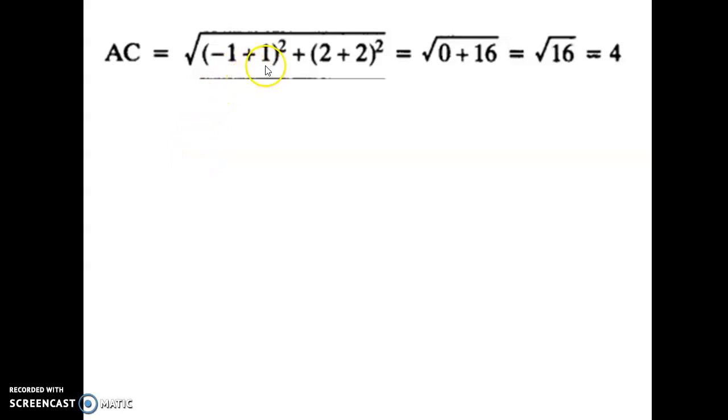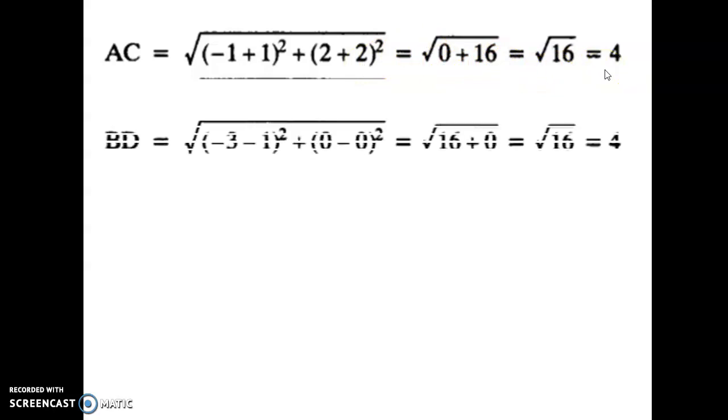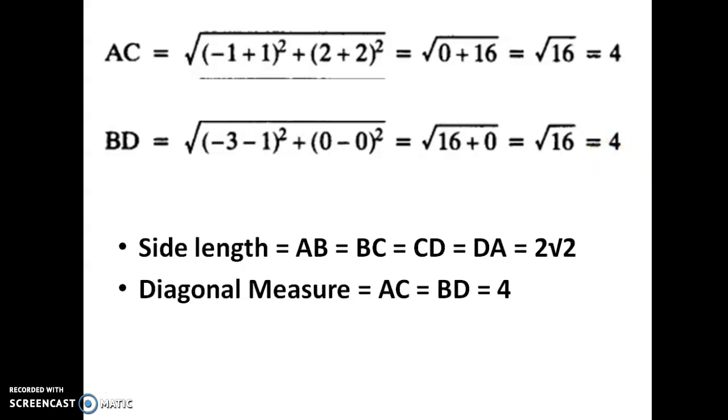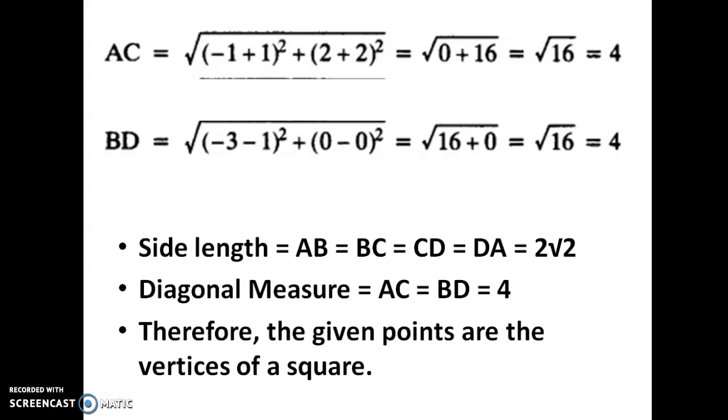Minus 1 and plus 1 will be 0, 2 plus 2 is 4, 4 square is 16, and square root of 16 is 4. Then one more diagonal, BD. Substituting the BD values, you find that the value is also 4. That means both the diagonals are also the same. All 4 sides are equal and diagonals are also the same. So it is a square.